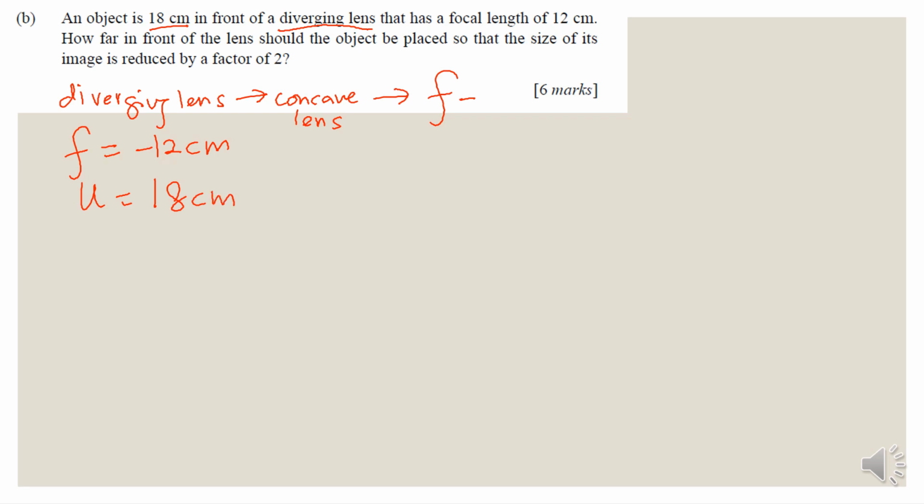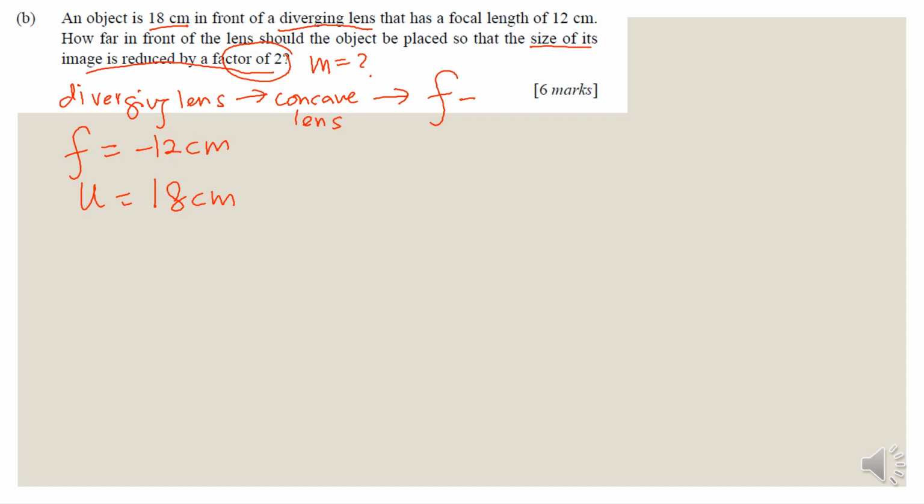Okay, how far in front of the lens should the object be placed so that the size of the image is reduced by a factor of 2? Okay, how far? Okay, so sekarang ni bila dikata the size of image is reduced by factor of 2, so kita kena cari dulu M yang asal berapa.